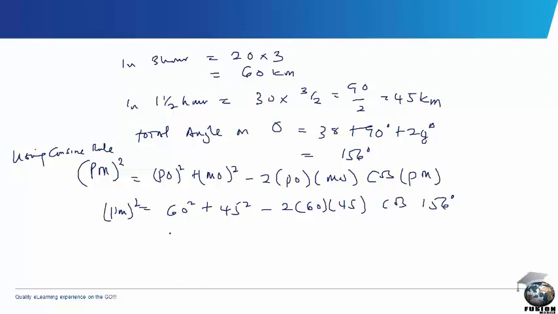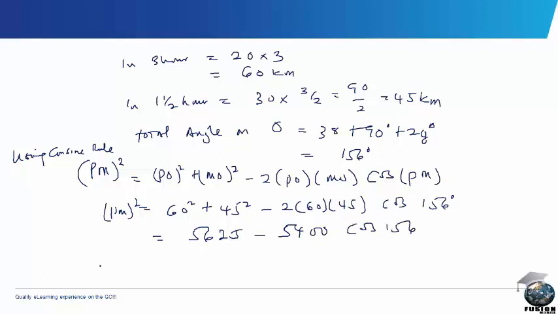Alright, so this gives us 60 squared plus 45 squared, which is equal to 5625, minus 2 times 60 times 45, which is equal to 5400, times cos 156.